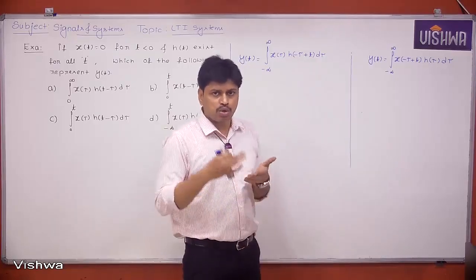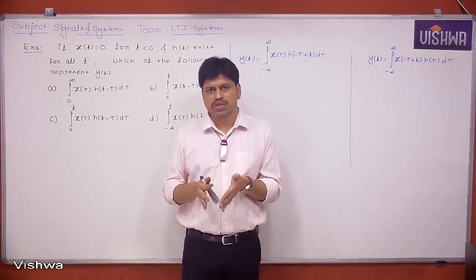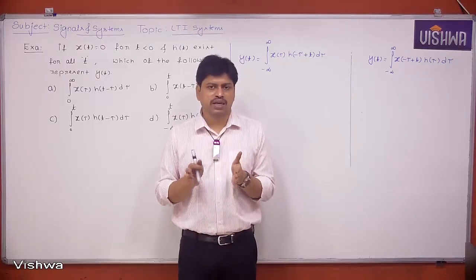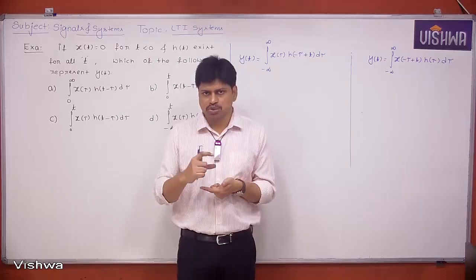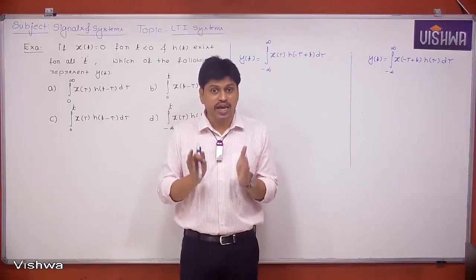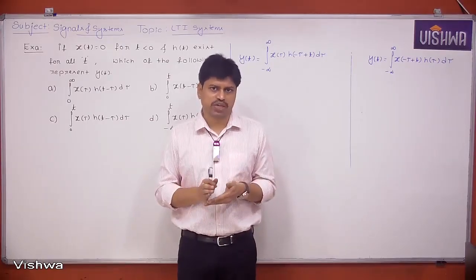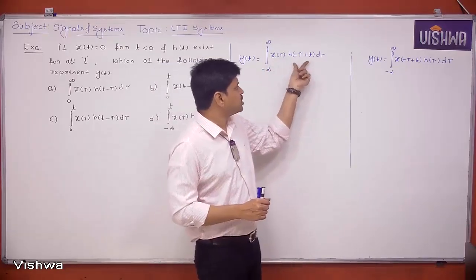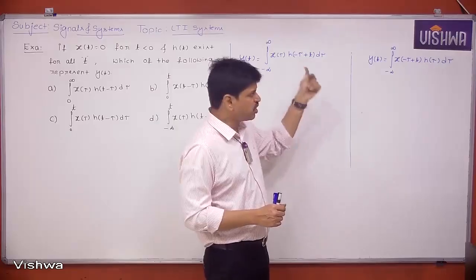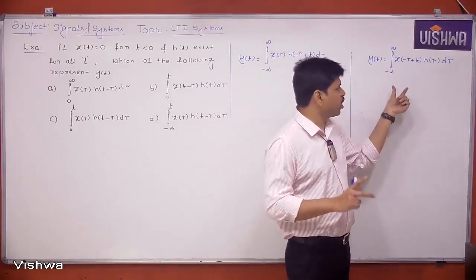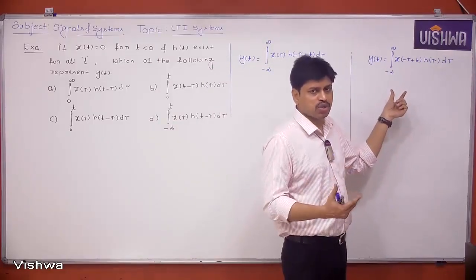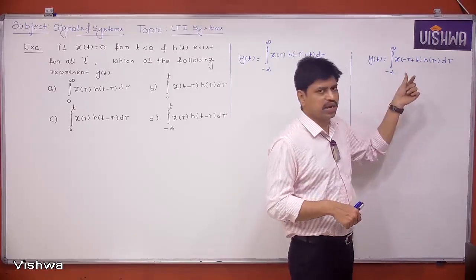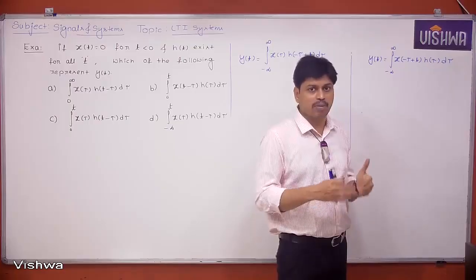Because two signals are multiplied, we have to take the common limits, where both signals exist. For the first expression the two signals are x of tau and h of minus tau plus t. For the second expression they are x of minus tau plus t and h of tau. We take the common limits of these two signals.